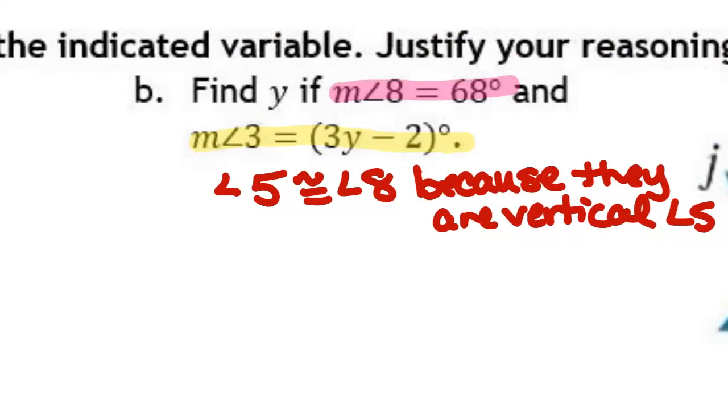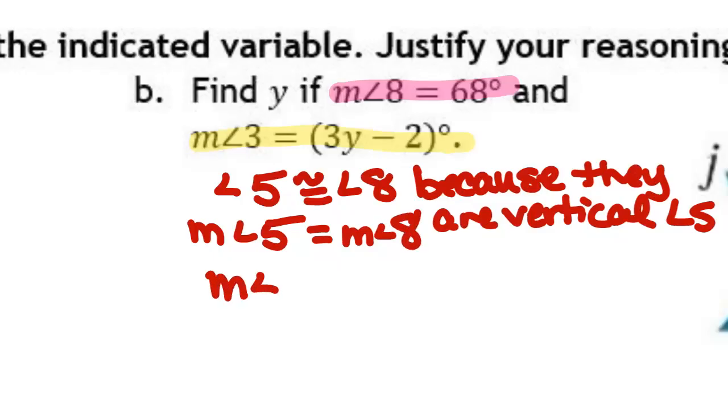So the measurement of angle 5 is equal to the measurement of angle 8, which means angle 5 is 68 degrees.